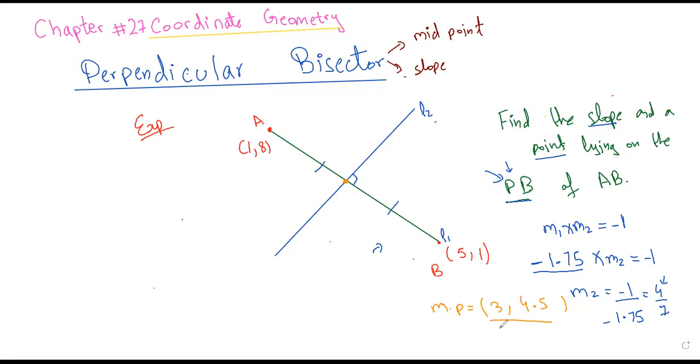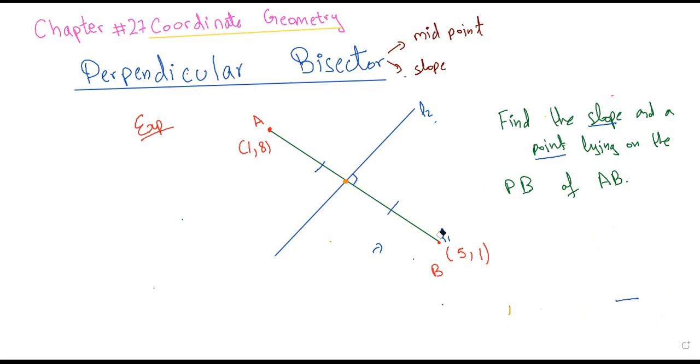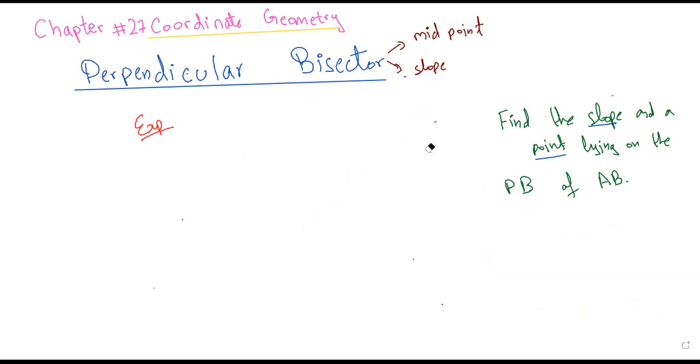I'll give you another example. Again, the question is going to be similar. I want you to do your workings for the perpendicular bisector when I give you the line only. So let's say we have a line of this type, and I'll tell you a few things.